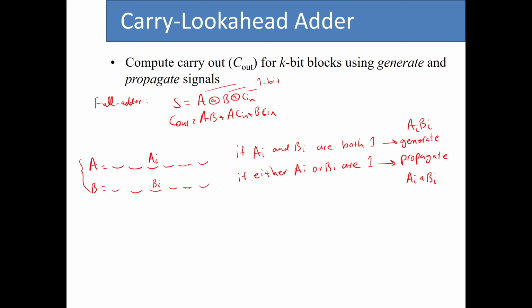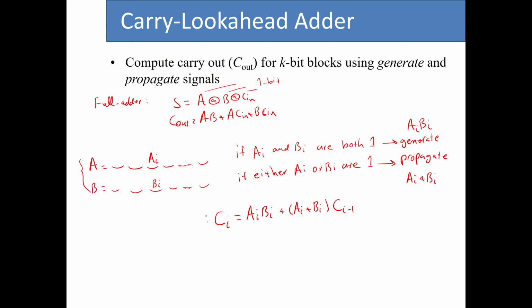Now if we want to put all of these together, we can say for each stage, CI, either we generate a carry, basically AI AND BI, or we propagate a carry from the previous stage, AI OR BI, being ANDed with the carry from the previous stage.